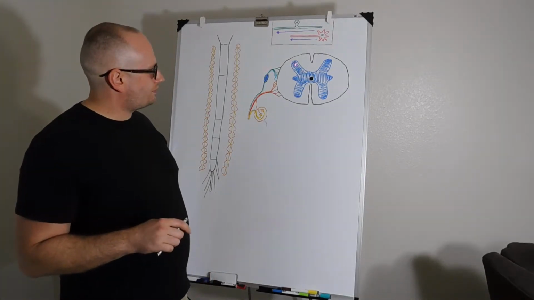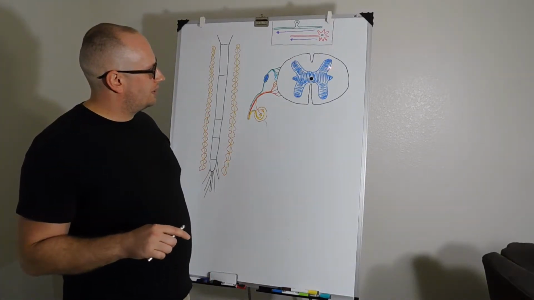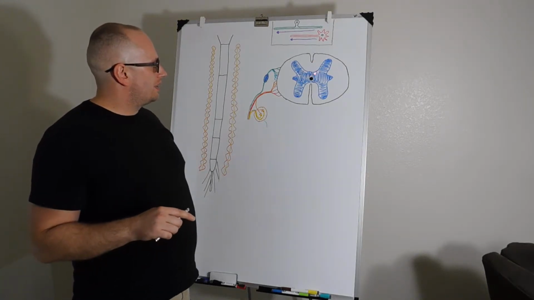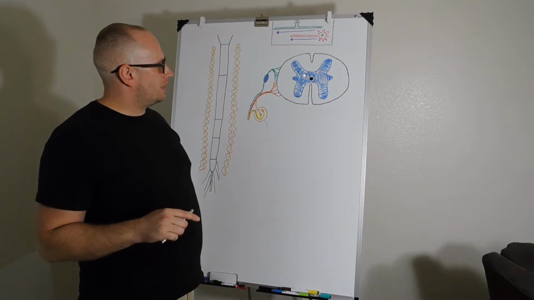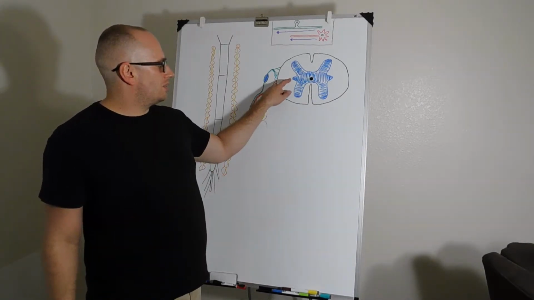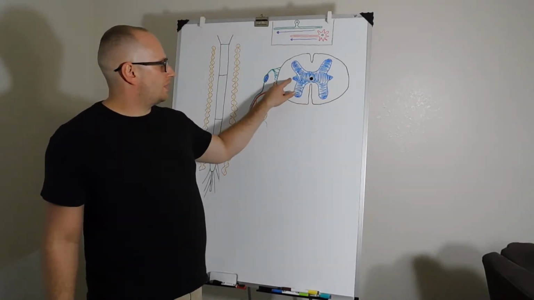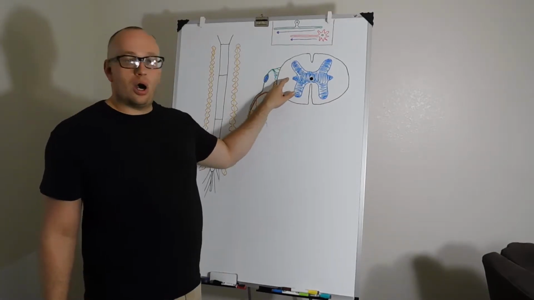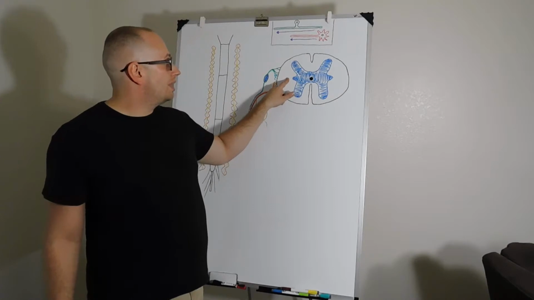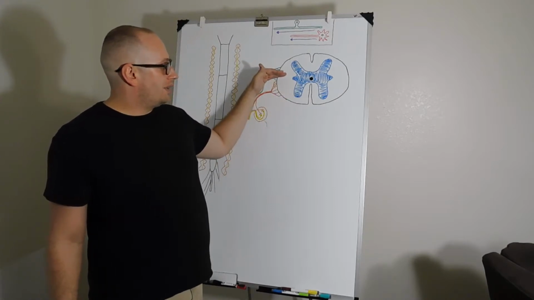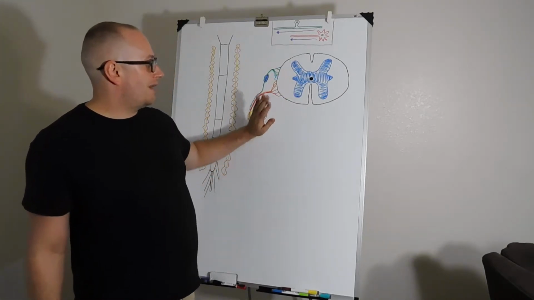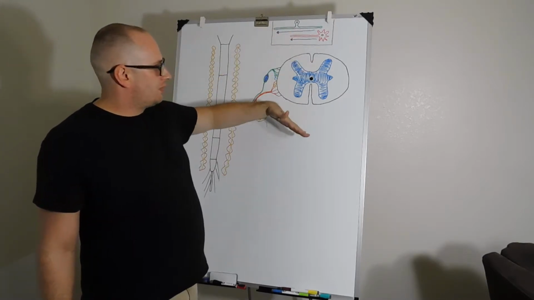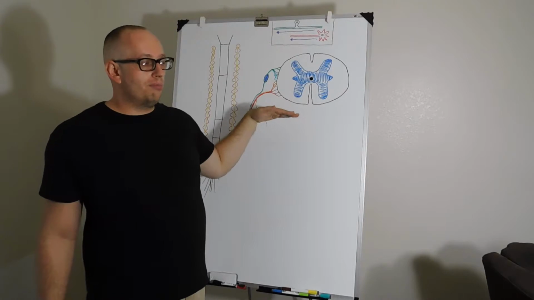So moving on. This is the sensory part, the somatosensory area. Then this area here is the visceral sensory area, which is also in the lateral horns here. So this is somatic, this is autonomic, the lateral horns are autonomic, but it keeps the same pattern of having the dorsal part be concerned with sensory, and the ventral part being concerned with motor.